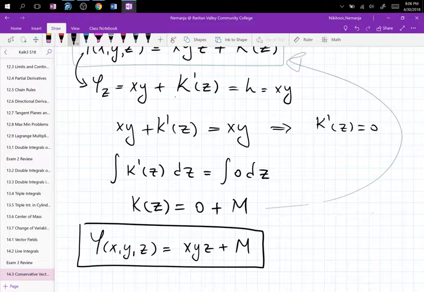Just don't be lazy to check it on the exam. This is a guaranteed win, right? A problem like this could be 10, 12 points. Very easy to check. And if your function at the end, when you take partial derivatives, doesn't give the original problem back, then it's an issue.